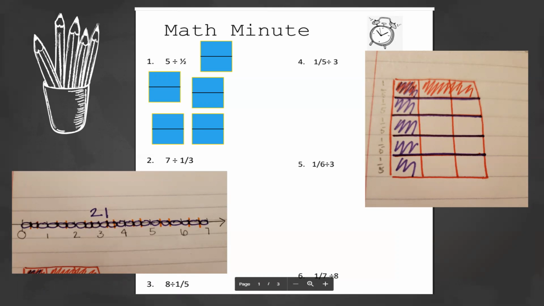And he sees that there are 21 thirds in 7, because 7 divided by 1/3 basically means how many 1/3 size pieces are there in 7. And you can see from the number line that there are 21 pieces.